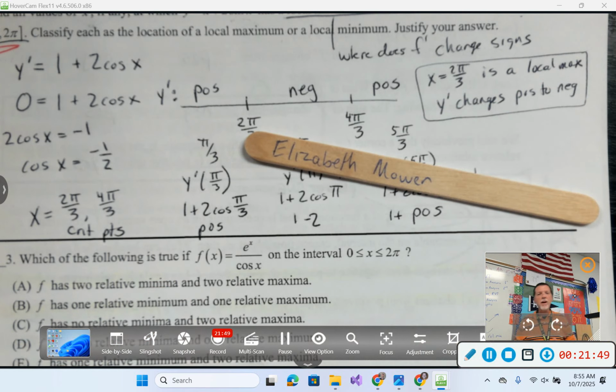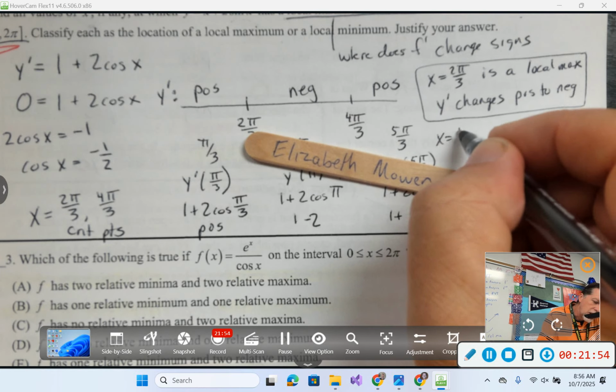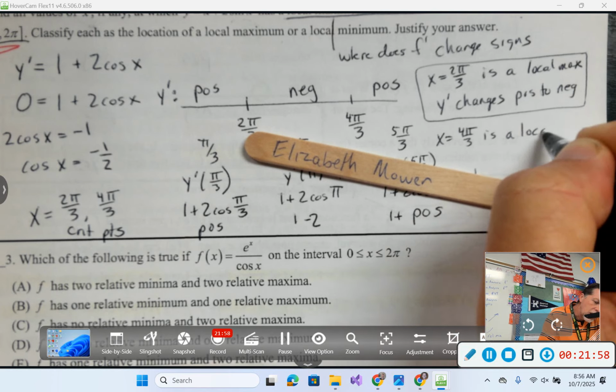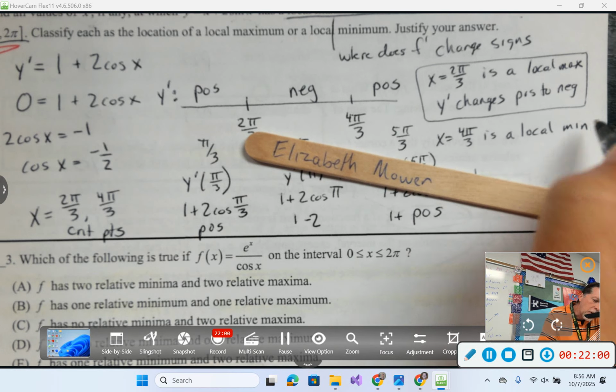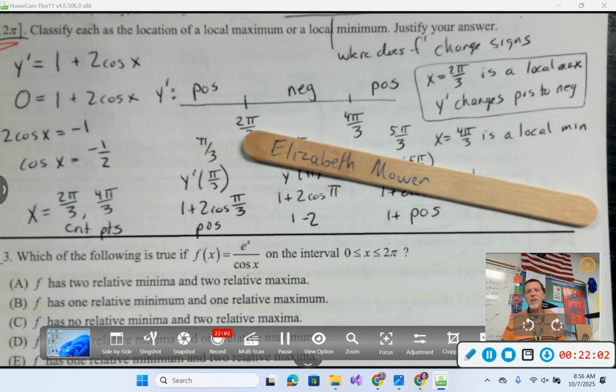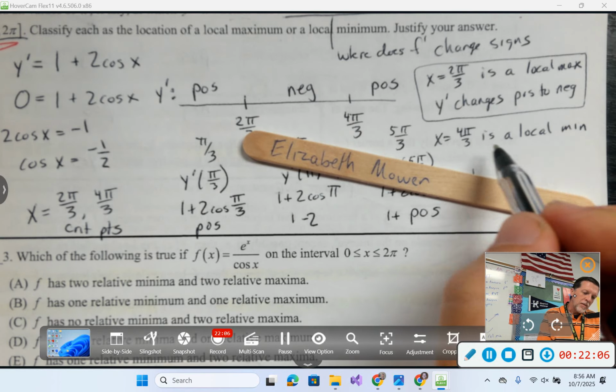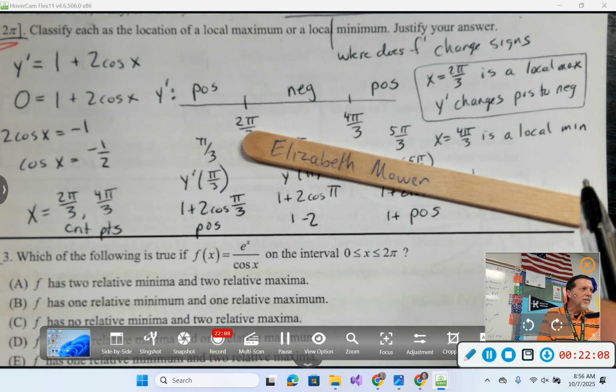Elizabeth, what would you say about 4 pi over 3? That it's a local minimum because it changes from negative to positive. I would take one small quibble with what you said. You said x equals 4 pi over 3 is a local minimum because it changes negative to positive.